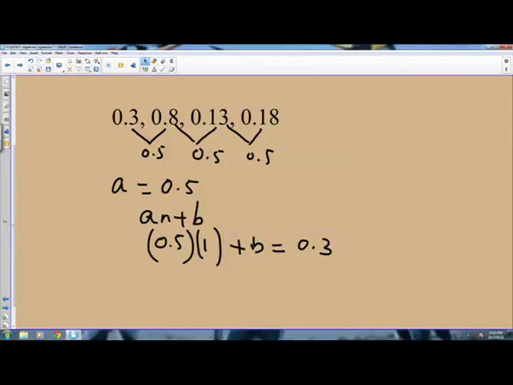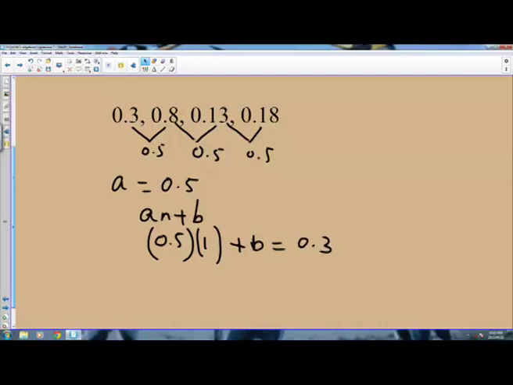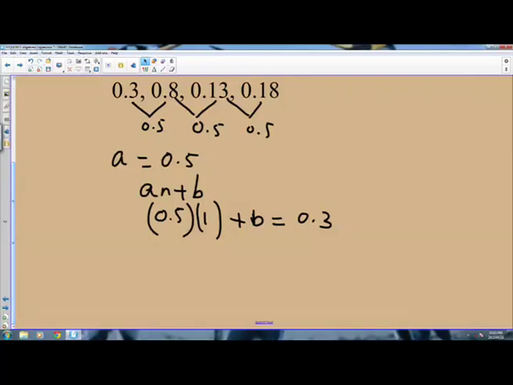0.5 times 1 plus B is equal to 0.3. And then simplify this. 0.5 times 1 is just 0.5, plus B equals 0.3, and then B will be equal to 0.3 minus 0.5.